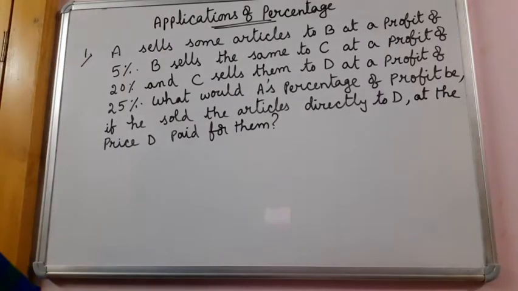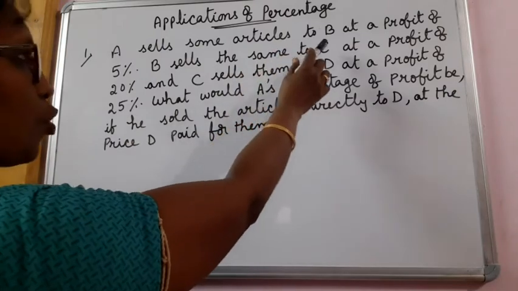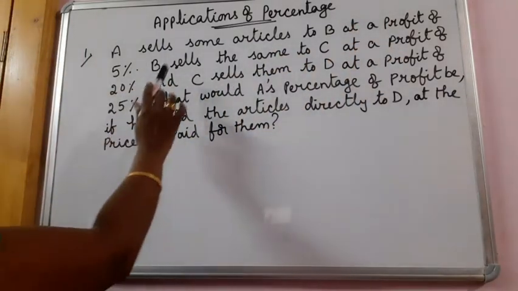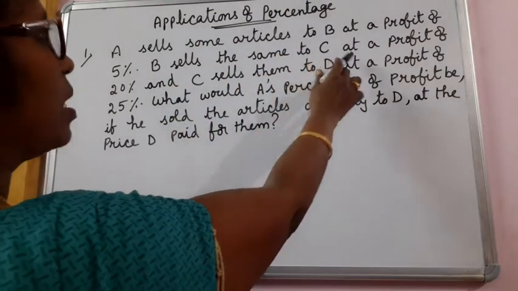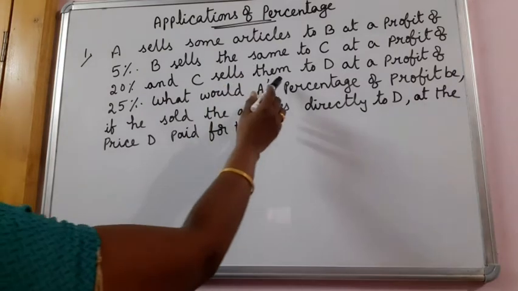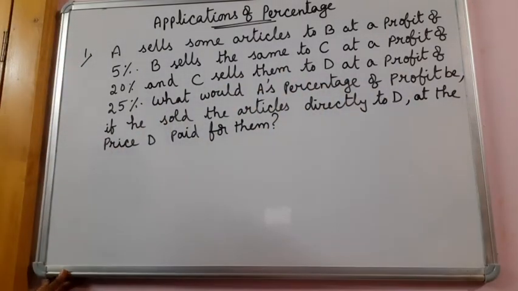Hello, welcome. Let us have a problem based on applications of percentage. The problem is: A sells some articles to B at a profit of 5%. B sells the same to C at a profit of 20%, and C sells them to D at a profit of 25%.